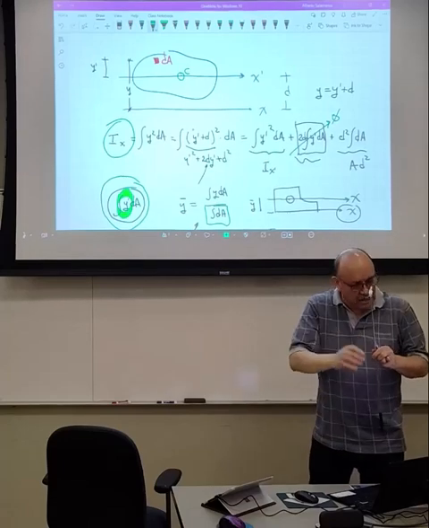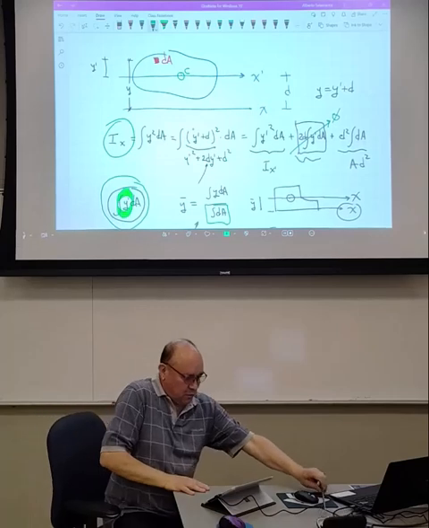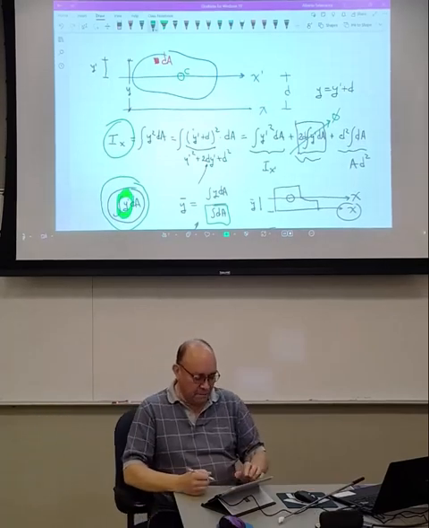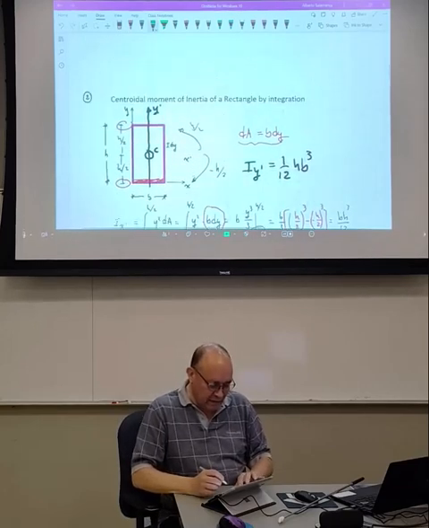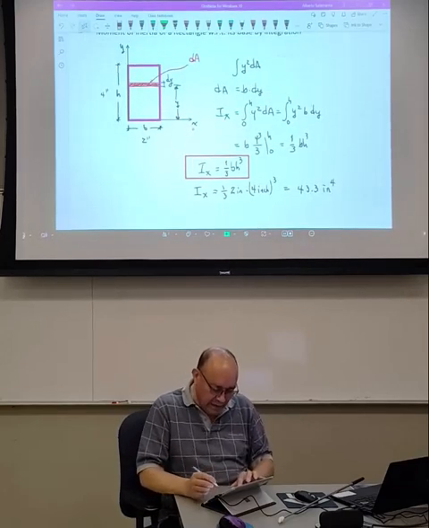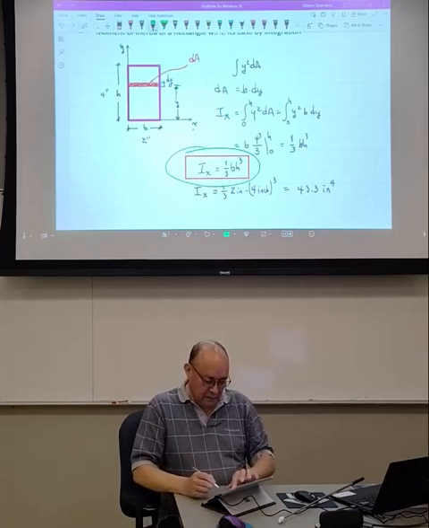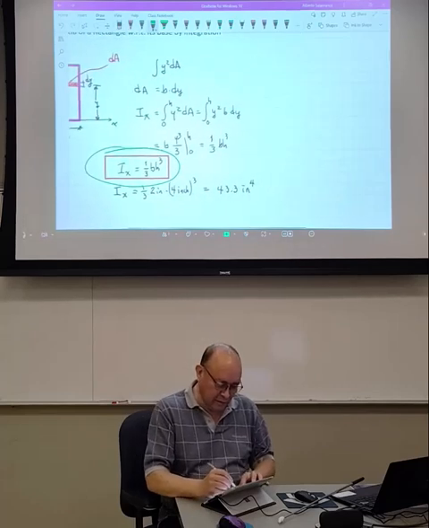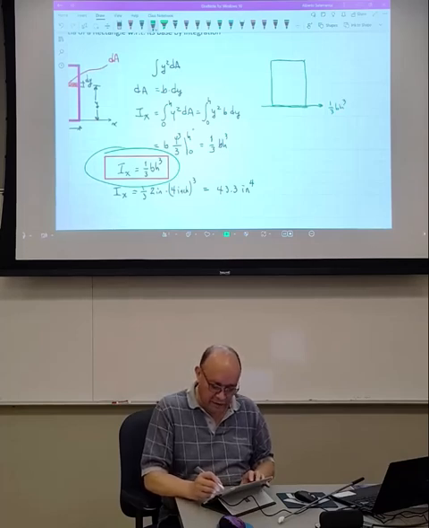Let's do a quick example with what we just learned. Remember that we found the moment of inertia of the rectangle with respect to the base, and we found 1/3 b h cubed. That is the moment of inertia, right?